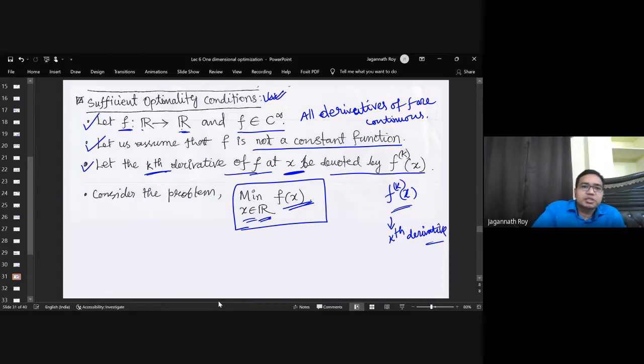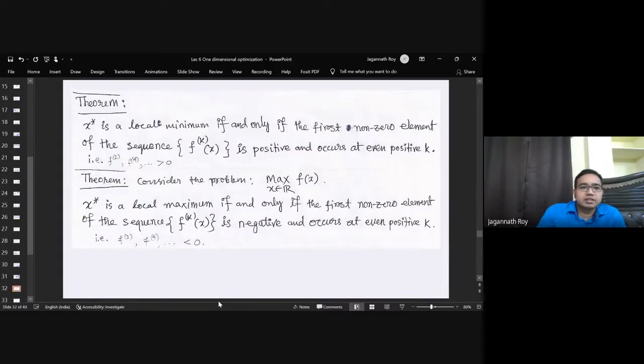Then the sufficient optimality condition says, by this theorem, let us call it theorem 1 or 2: x star is a local minimum if and only if. So this is a very strong theorem, a strong tool.